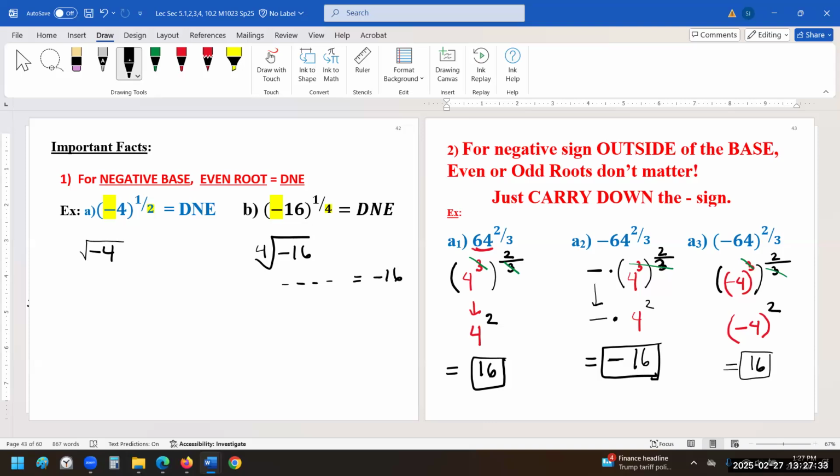So for odd roots, there is no problem. It always has some answer, always. But we couldn't have any answer for the even root with a negative base. Sorry, even denominator with negative base.